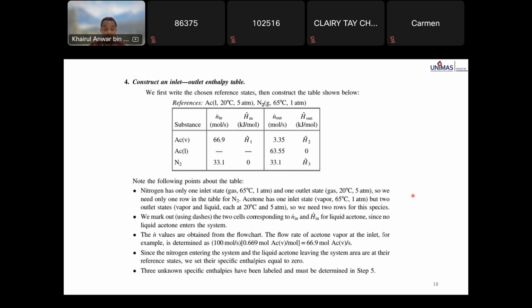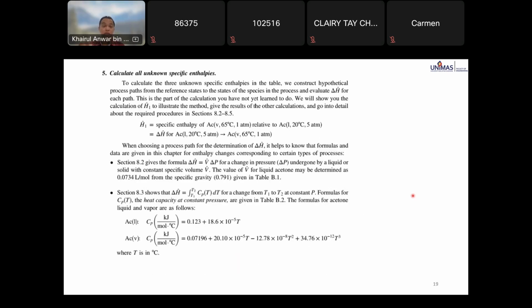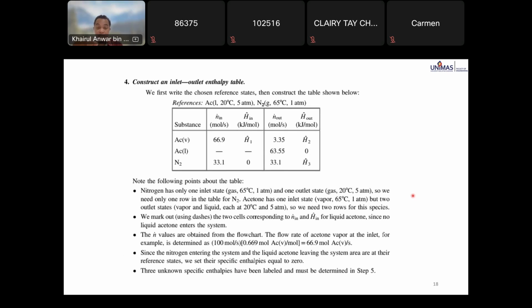Since the nitrogen entering the system and liquid acetone leaving the system are at their reference states, we set their specific enthalpy equal to 0. Three unknown specific enthalpies have been labeled and must be determined in step 5. So for step 5, you need to determine each of H1, H2, H3.